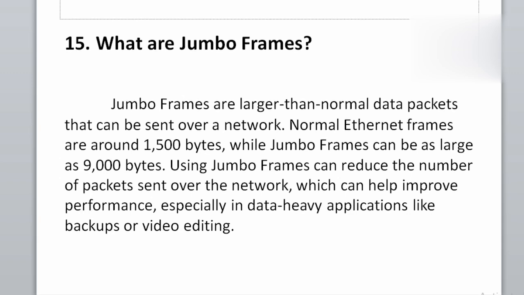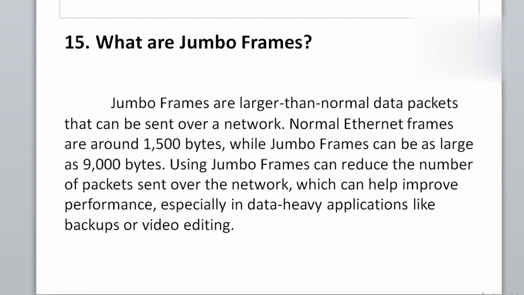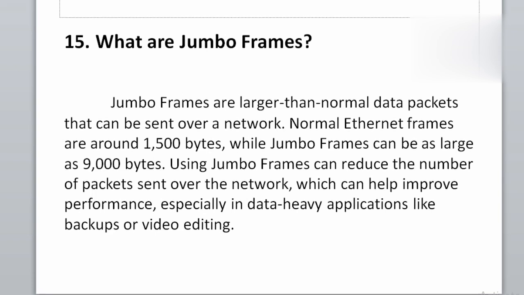15. What are jumbo frames? Jumbo frames are larger than normal data packets that can be sent over a network. Normal Ethernet frames are around 1500 bytes, while jumbo frames can be as large as 9000 bytes.